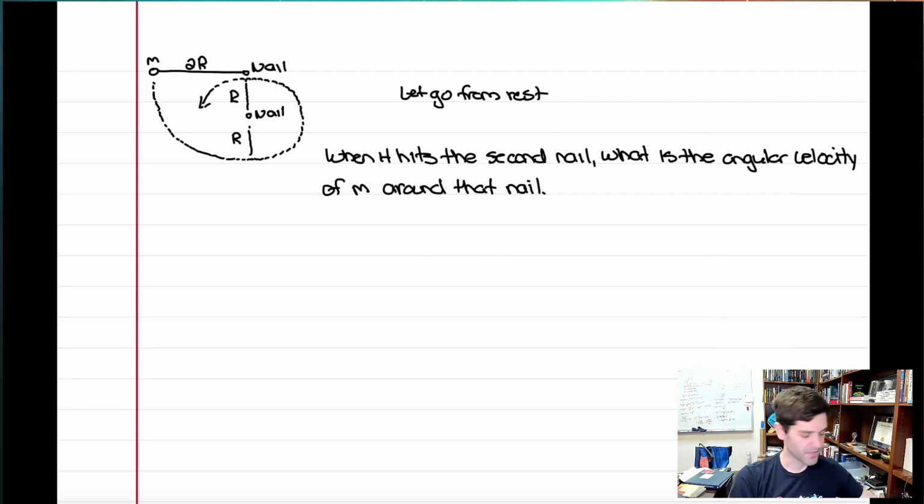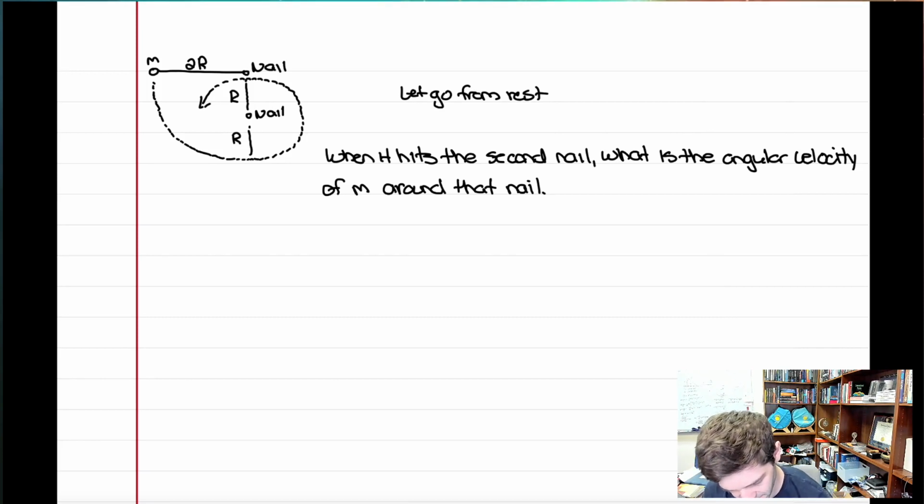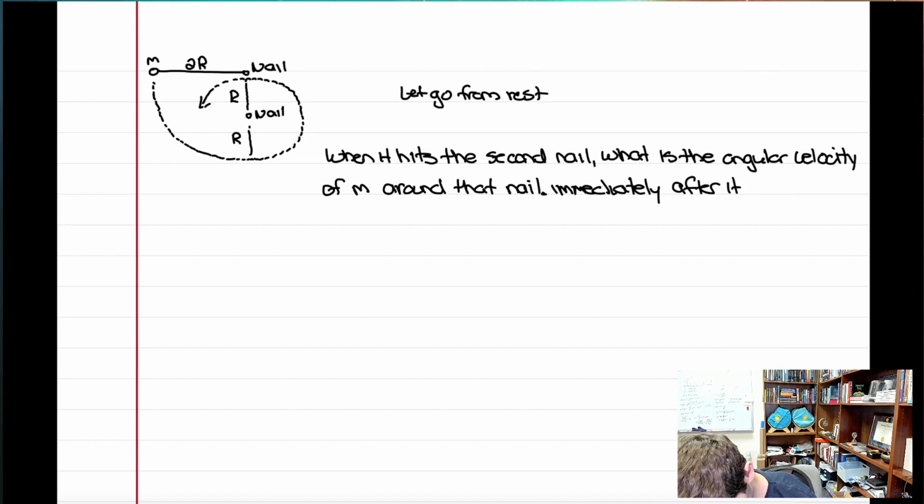So if I want to look at what's going on immediately after it hits the nail, I should say, what is the angular velocity of m around that nail immediately after the rope hits?